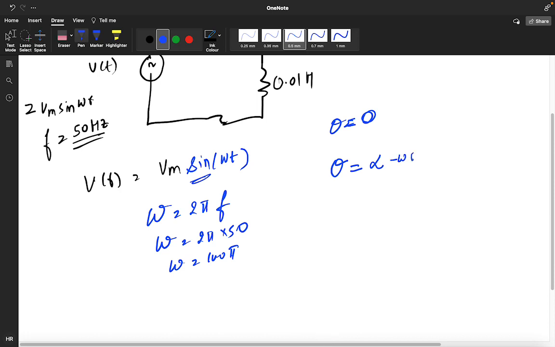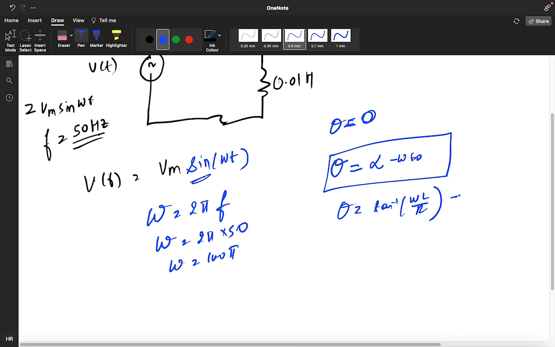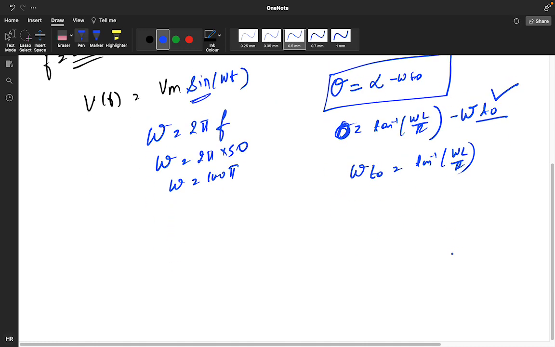Alpha minus omega t naught, right? So theta is equal to alpha. Alpha value was tan inverse omega L by R, minus omega t naught, and you need to find the value of t naught only, and this value is 0. So you will get omega t naught equals tan inverse omega L by R, right?